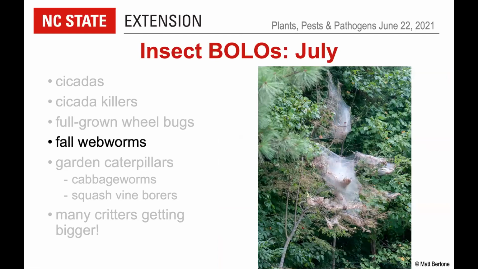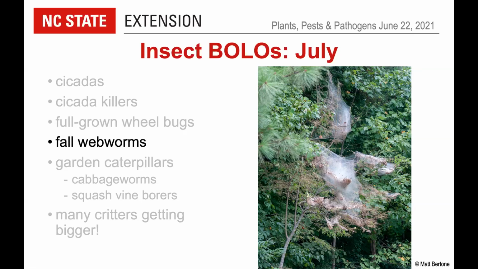We're going to start seeing a lot more caterpillars, including the fall webworms. Even though they're called fall webworms, they do start to appear in late summer, and they'll be creating all this webbing on the tips of branches all along highways and everywhere else. And you'll notice inside will be numerous caterpillars. They can be pruned out if you can get to just the nest, the web.